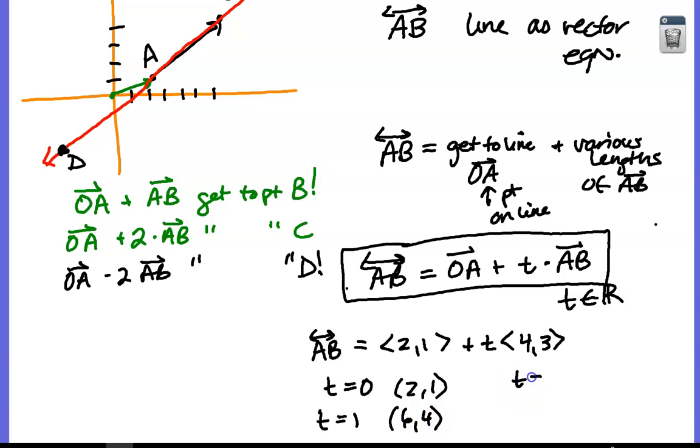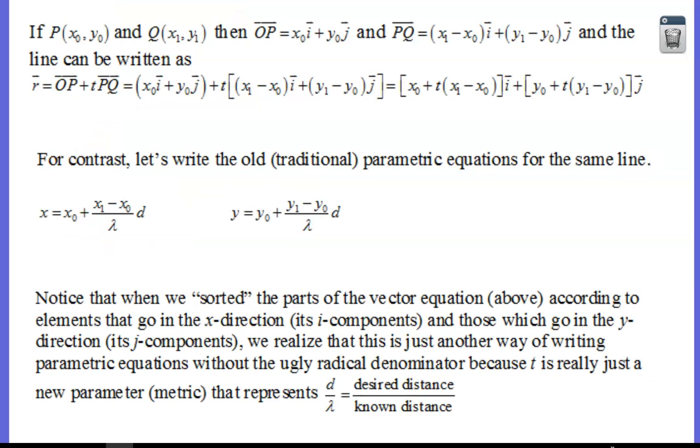If I plug in 2, then that's going to get me to a point that's twice as far. So I would multiply this by 2, so that would be 8. So 2 plus 8 is 10. And then I would multiply this by 2, that'd be 6. So 1 plus 6 would be 7. Again, if you want to go this direction on the line, then you just have to plug in a negative t value.